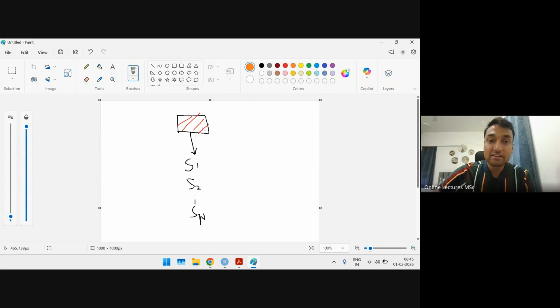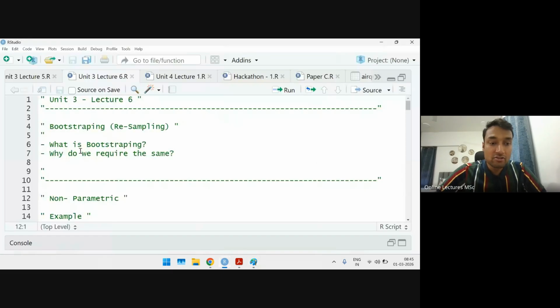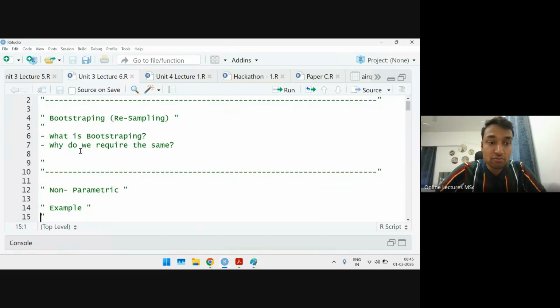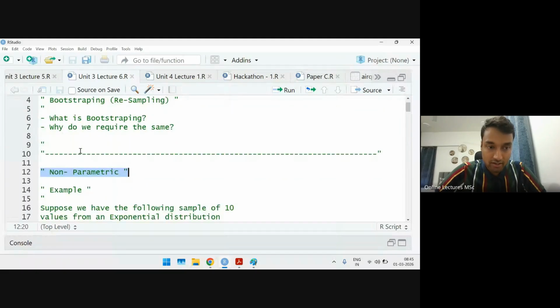Now, I never very specifically or clearly mentioned what this bucket is, right? Is this bucket a population or is this bucket something else? I never defined that, because this bucket, from which you draw the sample, depends on the type of bootstrapping. Correct? So you have two types of bootstrap.